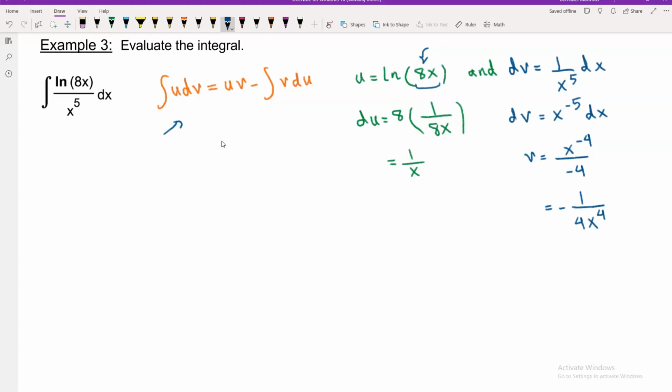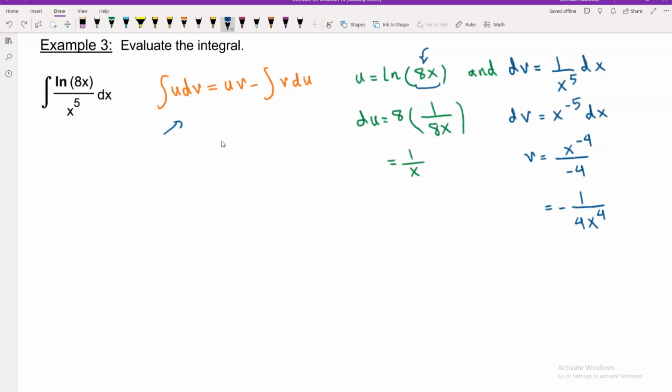So the derivative of ln 8x is 8 times 1 over 8x. Simplify, and the answer is 1 over x. And dv is 1 over x to the 5th power times dx.